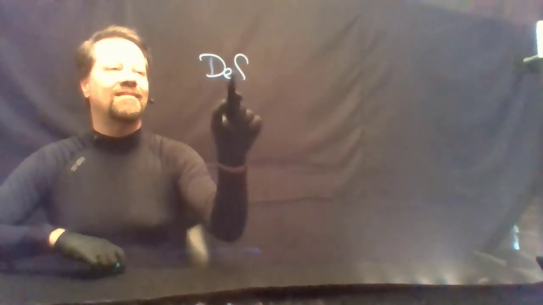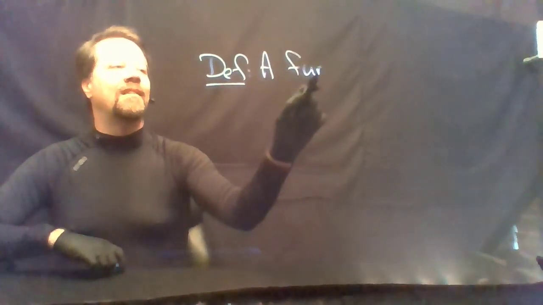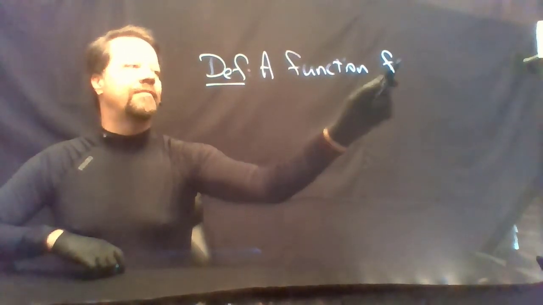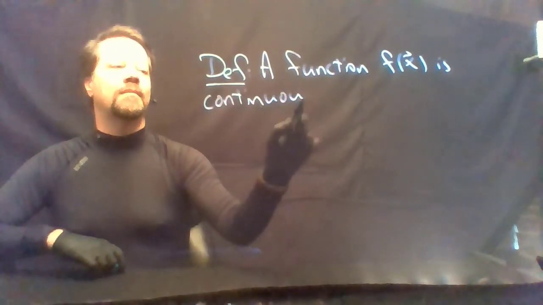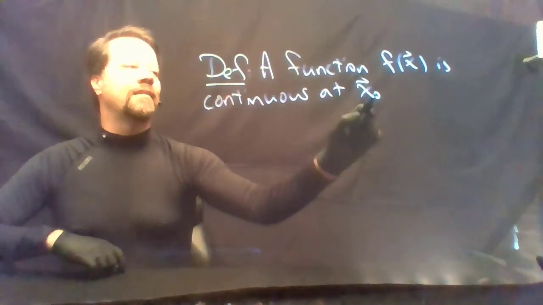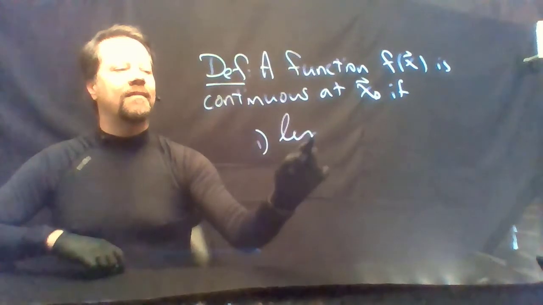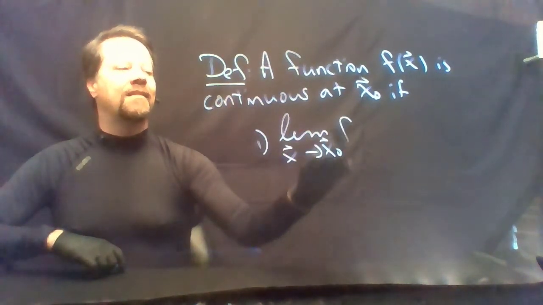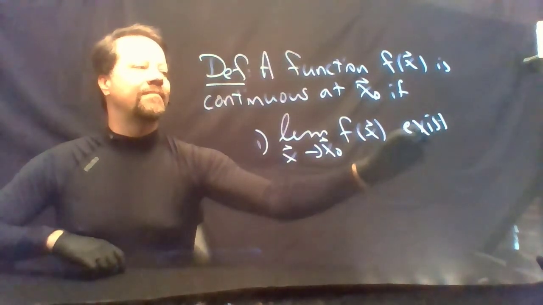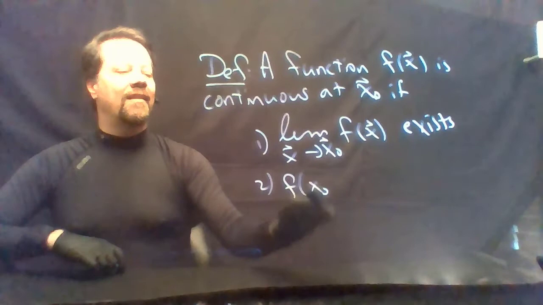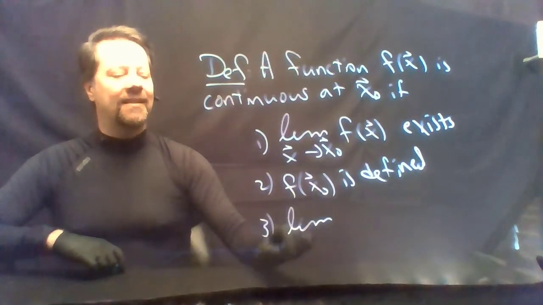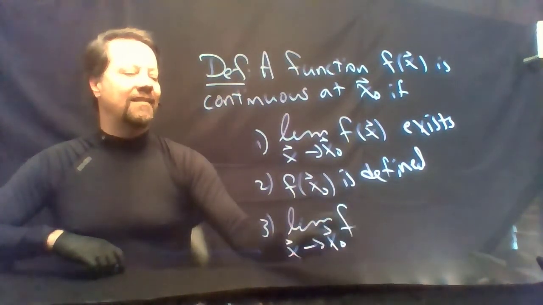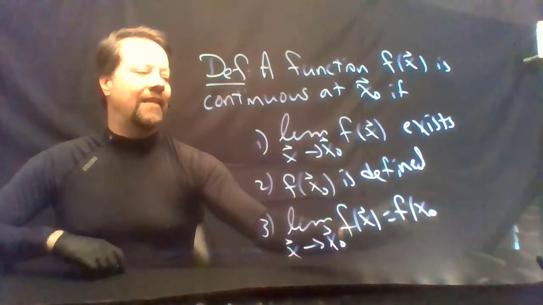What do we mean by a function being continuous at some point? A function f is continuous at x naught if, 1, the limit as x tends to x naught of f of x exists, 2, f of x naught is defined, and 3, of course, in the limit as x goes to x naught of f of x, you get f of x naught.